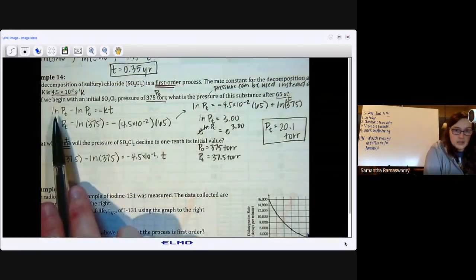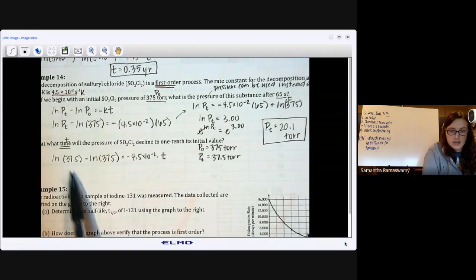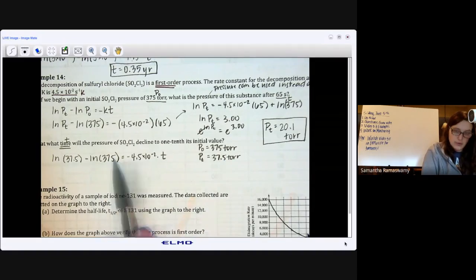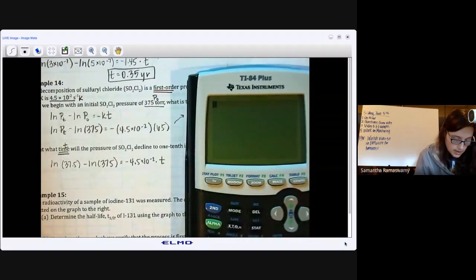I'm using the integrated rate law. I'm using this integrated rate law from before, I just plugged in. Pressure after some time is 37.5. It's 1/10 of its initial value. Initial is 375. K is 4.5 times 10 to the negative second. So ln of 37.5 minus ln of 375.